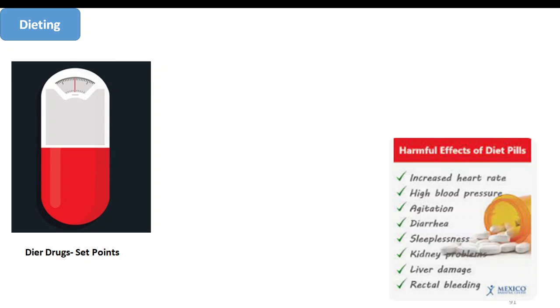In the process of suppression of hunger, suppression of appetite, it might result in increased heart rate, high blood pressure, agitation in the mind, diarrhea, sleeplessness, kidney challenges, liver damage, and rectal bleeding. So such consequences might result in dire results.